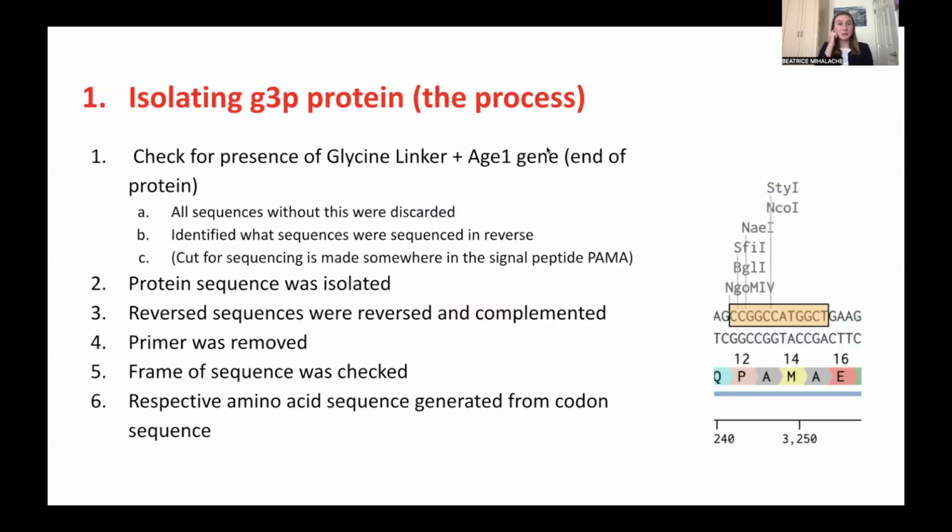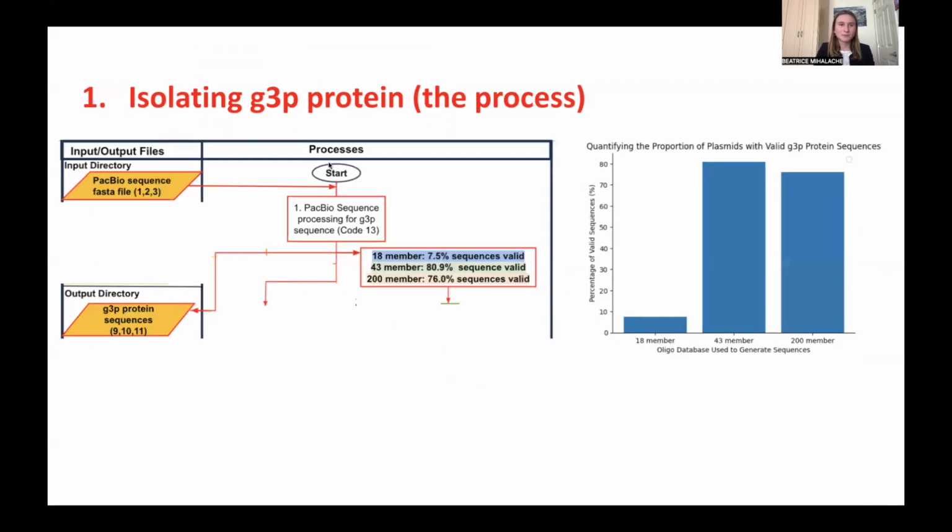So the first thing I did was isolate the G3P protein from the large bacteriophage sequence. And the way I did this was I checked for the presence of the end of the protein, and all sequences without this were discarded as they were deemed invalid G3P protein sequences. And then I continued to modify the sequences until an amino acid sequence was generated from the codon sequence.